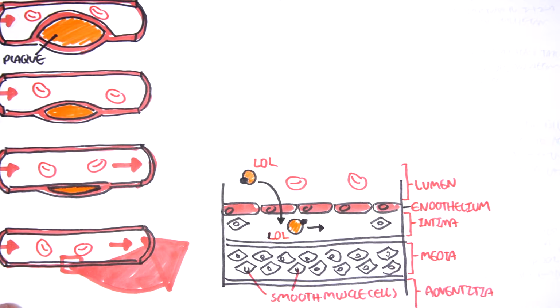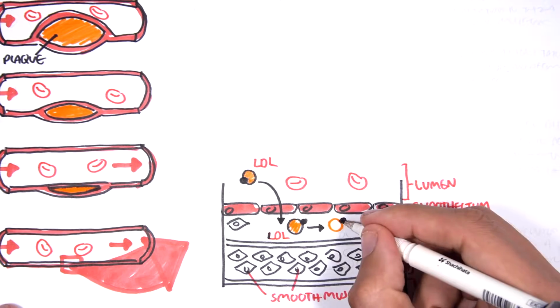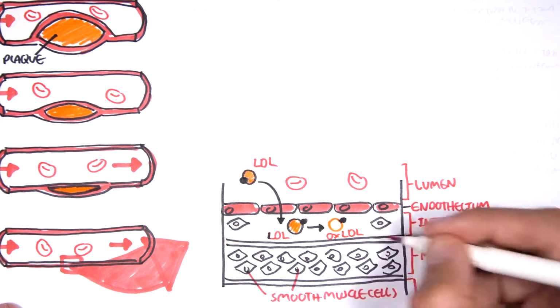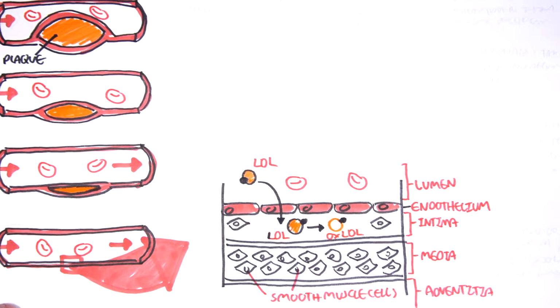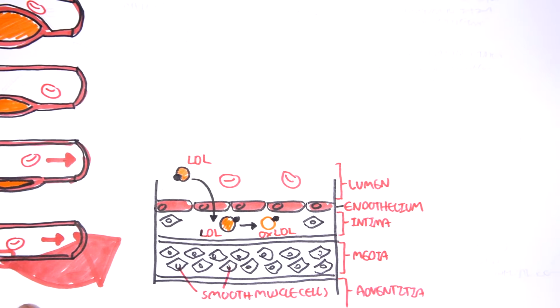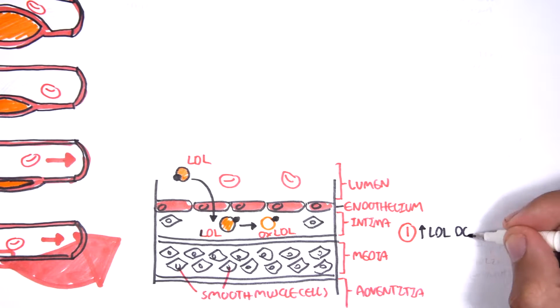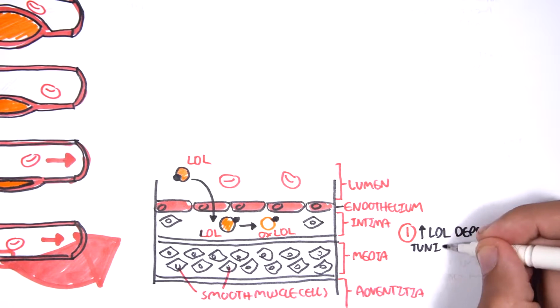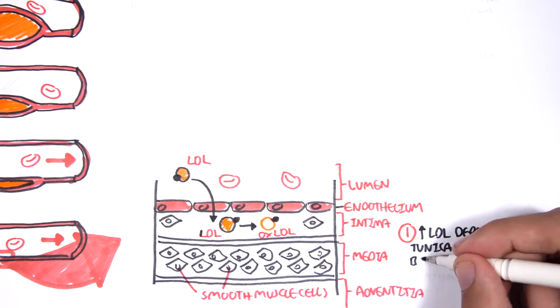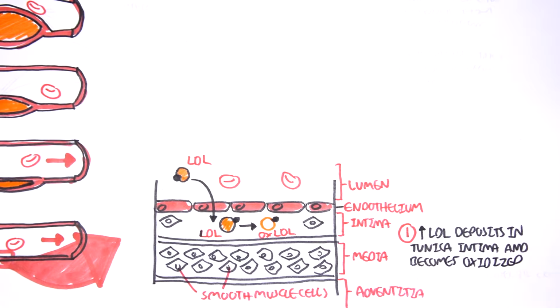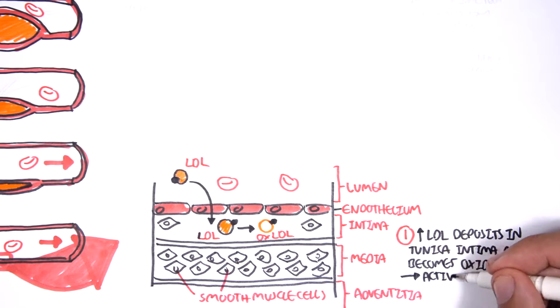Oxidized LDL activates endothelial cells, causing the endothelial cells to express receptors for white blood cells on their surface. So to summarize here, I wrote, increase in LDLs deposits in tunica intima and becomes oxidized, which will activate endothelial cells.